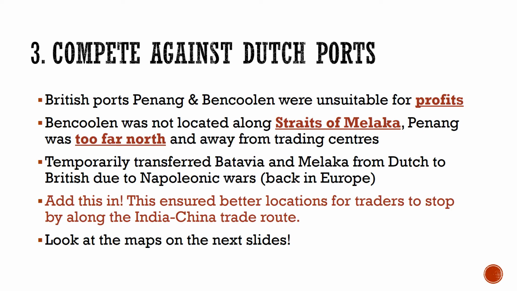Later on you'll see the map and you'll see the difference. But basically, this ensured better locations for traders to stop by along the India-China trade route. Again, it is for trade. So these ports, Batavia and Malacca, were excellent in their location. Trading could be better as well. Now let's look at the map on the next two slides, so that you get a better understanding.